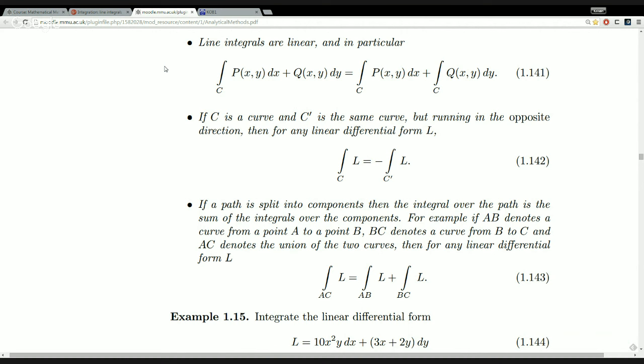It's the two straight line segments, AD and DB. First you go A to D, and then you continue on D to B in those horizontal and vertical lines.